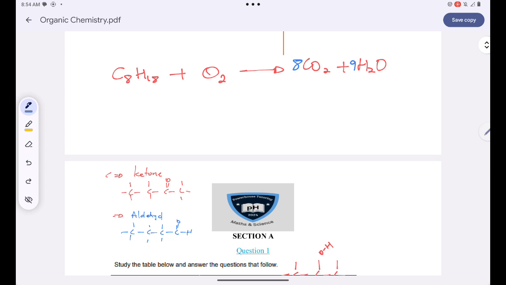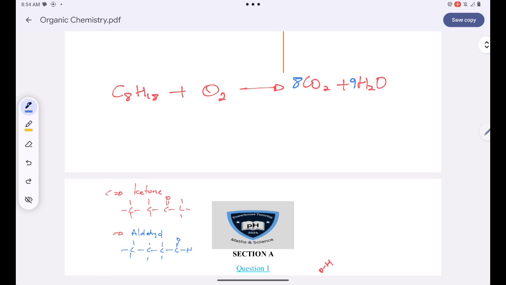And then now all I need to do is to balance the number of oxygens. How many oxygens do I have? 8 multiplied by 2, that will be 16. And then 9 times 1, that will be 9. So in total, I'll have 25 oxygens on my right hand side.